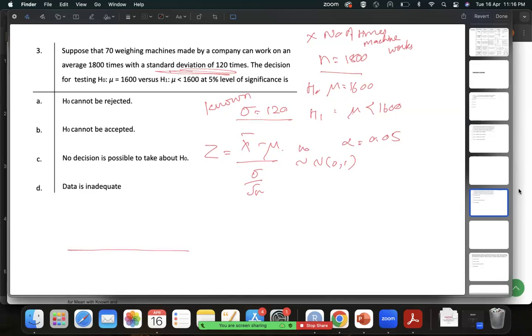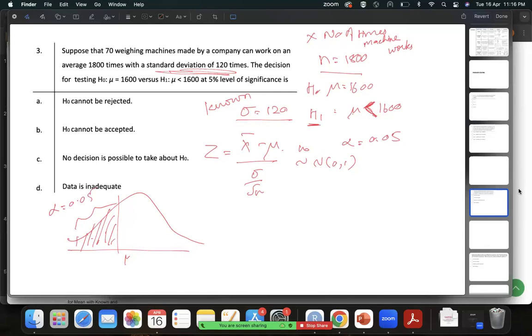For a standard normal distribution, it's a one-tailed test because you just have one less than sign. Mu less than 1600 is your rejection region. You reject H naught in this region and accept H1. The area of this region should be alpha equal to 0.05.